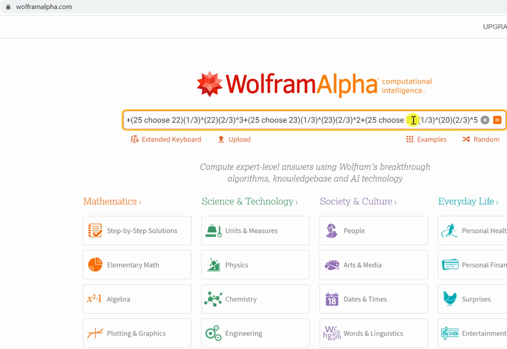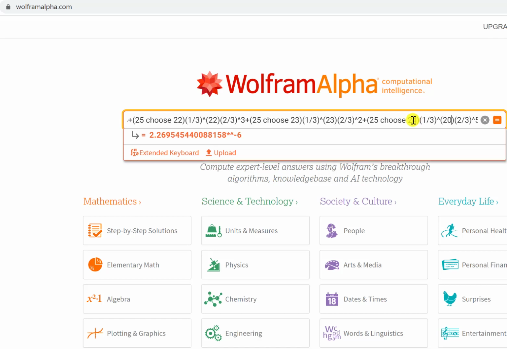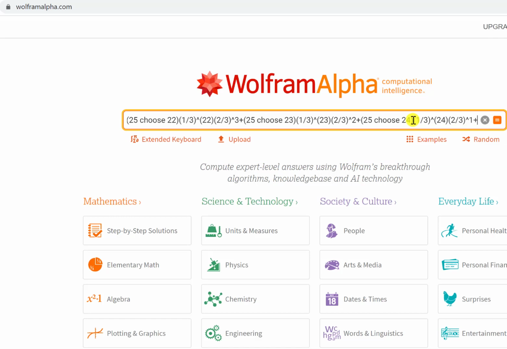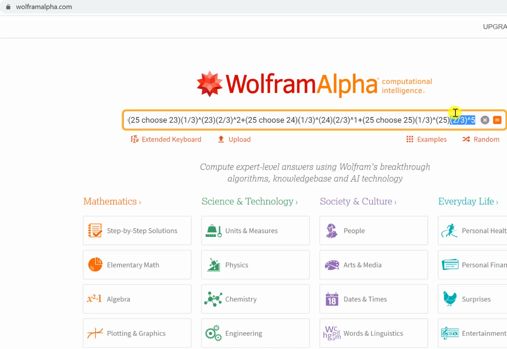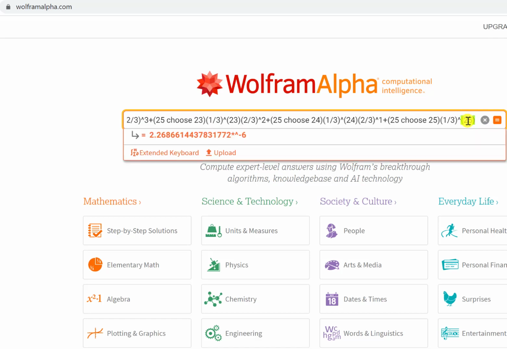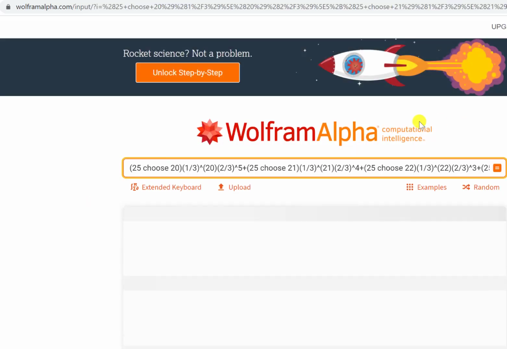We'll copy it again. Now I need a 24 this time. 24 here, a 1 here, and then one last time, where I make this a 25 choose 25, make this a 25. And on the last one, we don't need to enter in this last term at all, because there were no questions that we got wrong. So if we enter this in, it's actually previewing it for us already, but let me just enter it so we can see what we get.